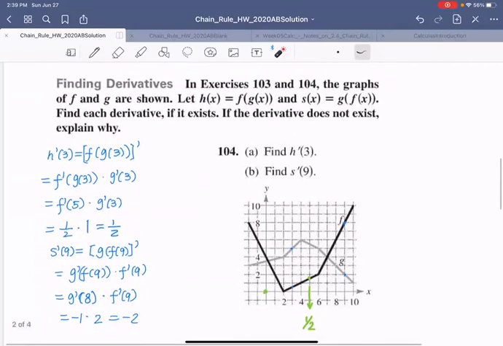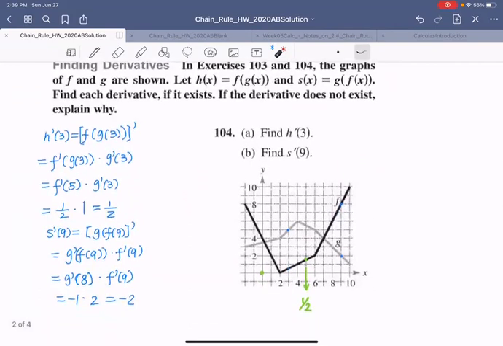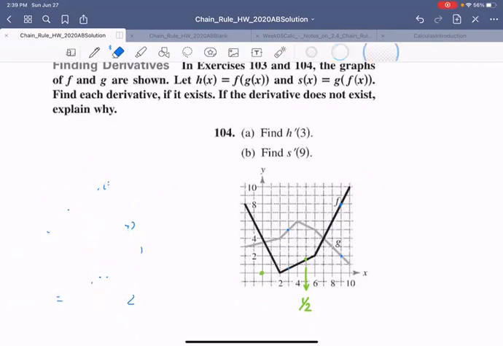Now, Aiden, let's do this question. We want to find out h prime 3. h prime 3 equals f of g of 3.